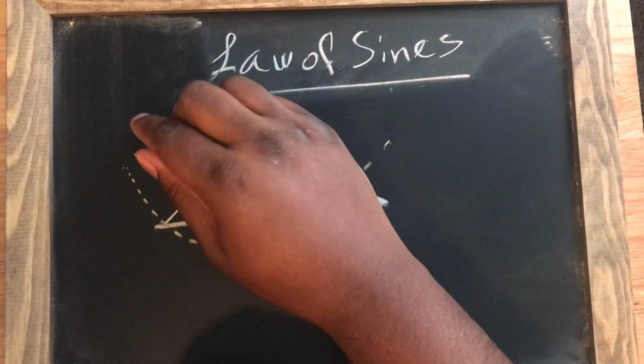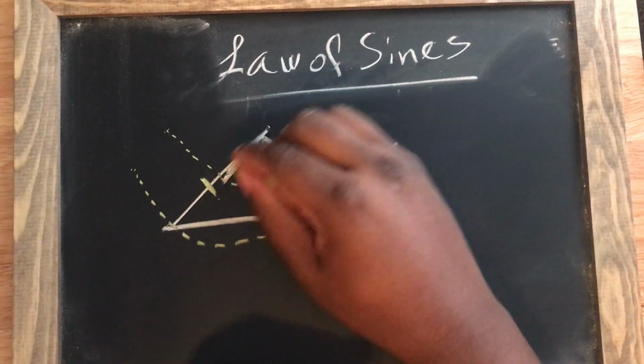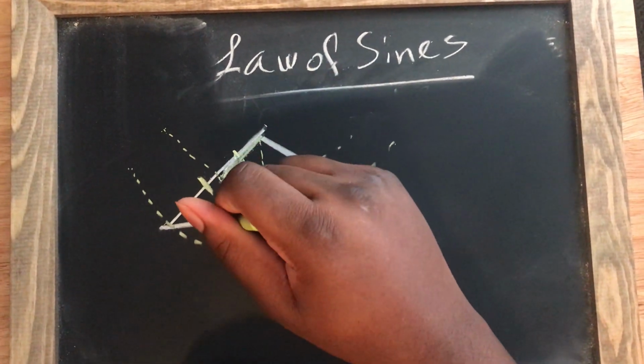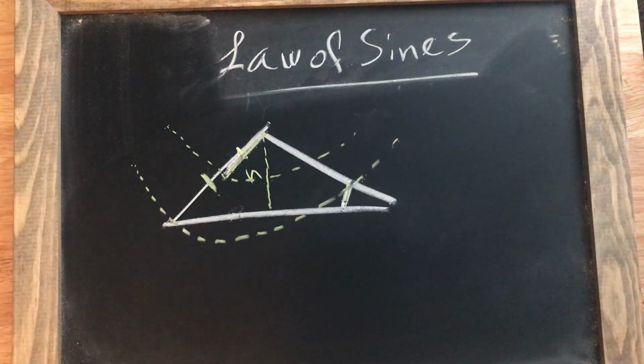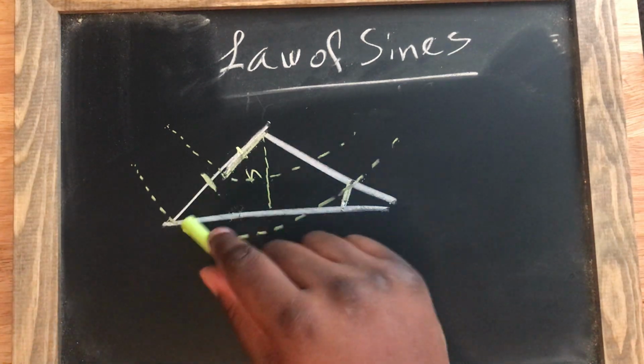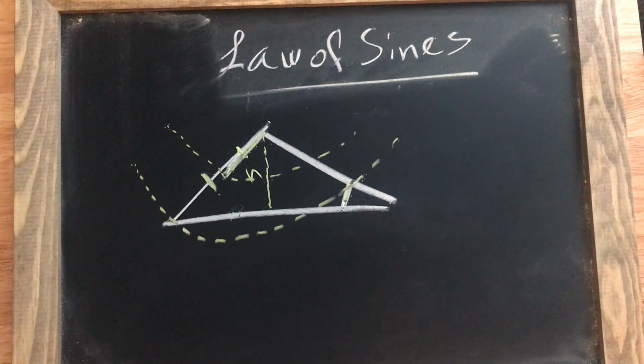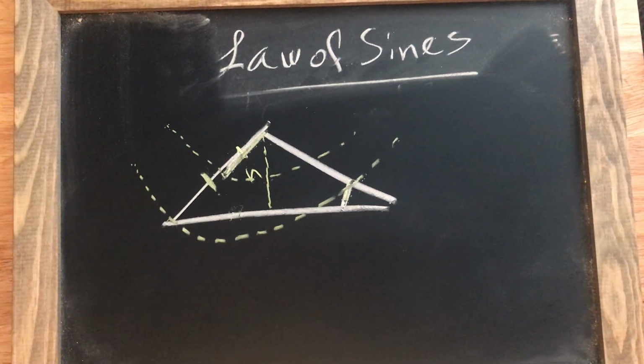Well, look, if I were to take this, there's no way this piece right here will ever actually touch the opposite side. So all you have to do is look to see, is the side length opposite my angle longer than my height? And how do we calculate height?